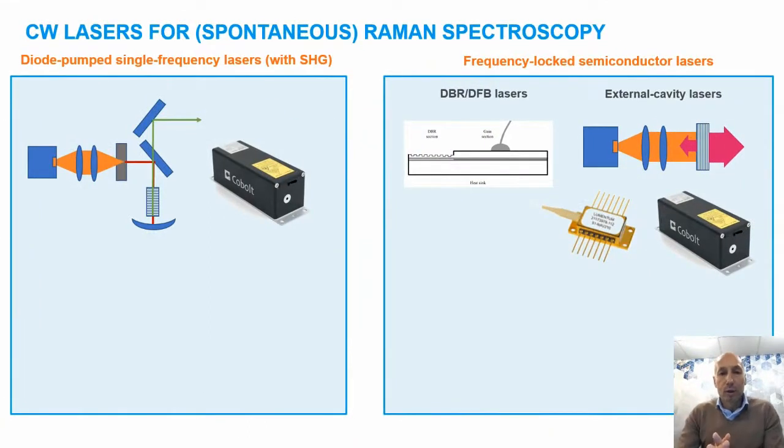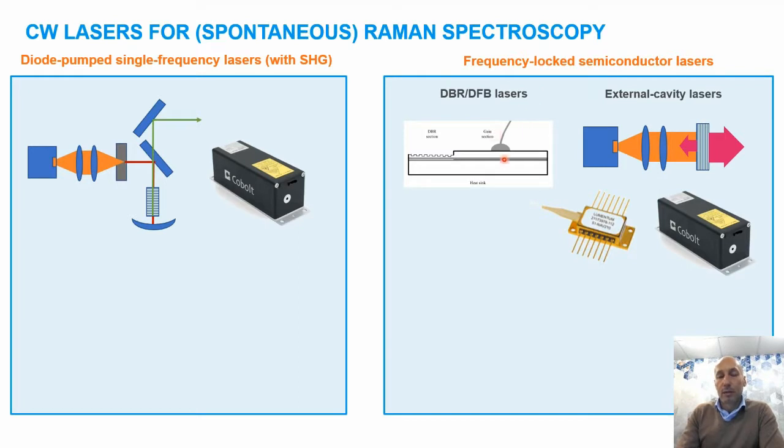So what are the most common laser technologies for spontaneous Raman spectroscopy? The most common ones are diode pumped single frequency or single longitudinal mode lasers with various types of nonlinear optical frequency conversion, and frequency locked semiconductor lasers. And the frequency-locked semiconductor lasers can be divided up into two groups.